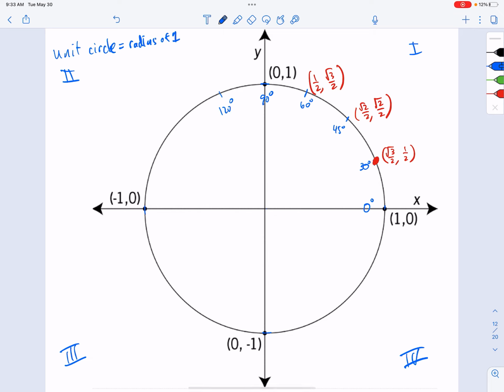So this is 120 degrees, 135 degrees, 150 degrees. Halfway around a circle is 180 degrees. And then we have 210, 225, 240, and then 270 down here at three quarters of the way around the circle.